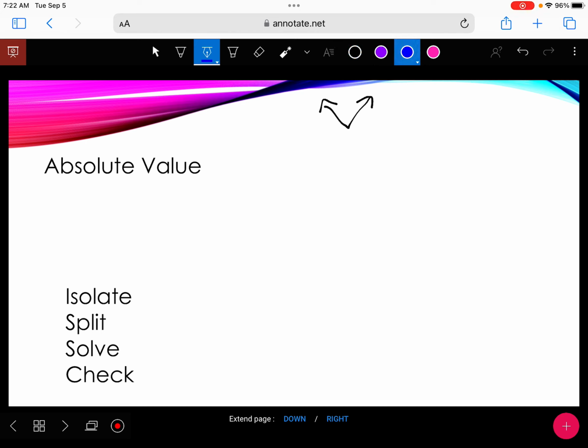What absolute value is, and the way we're going to think about it, is our distance from 0. How far? How many steps? Think of it as my Apple Watch. How many steps from 0?